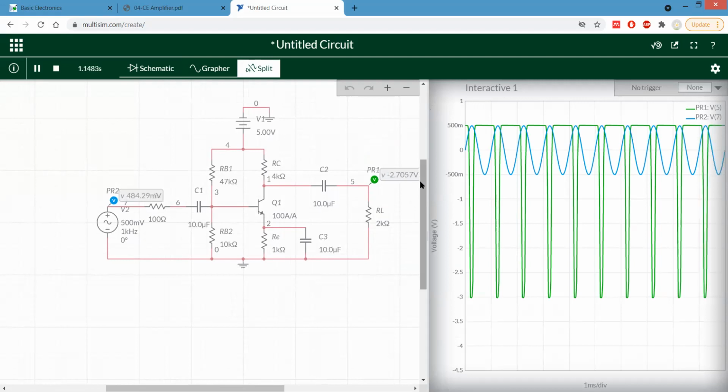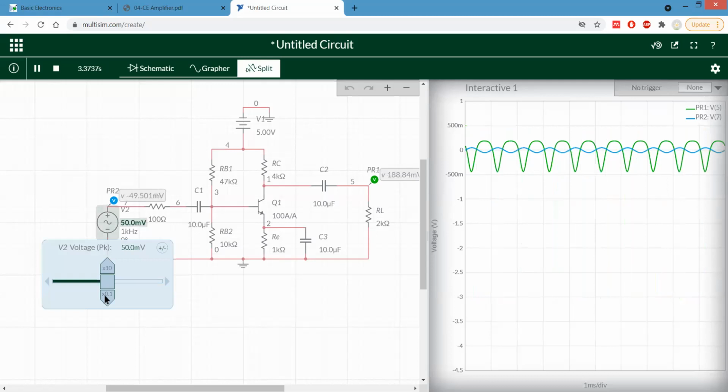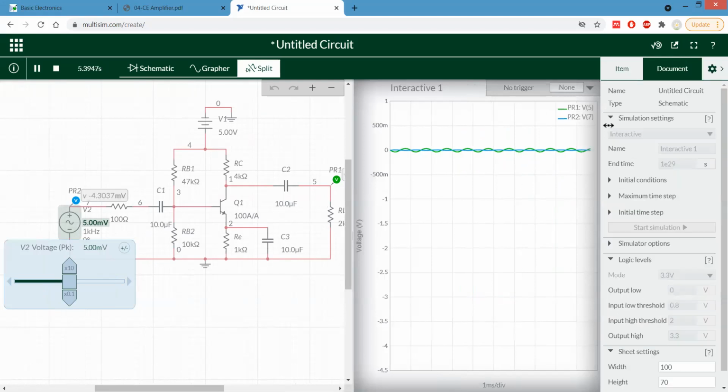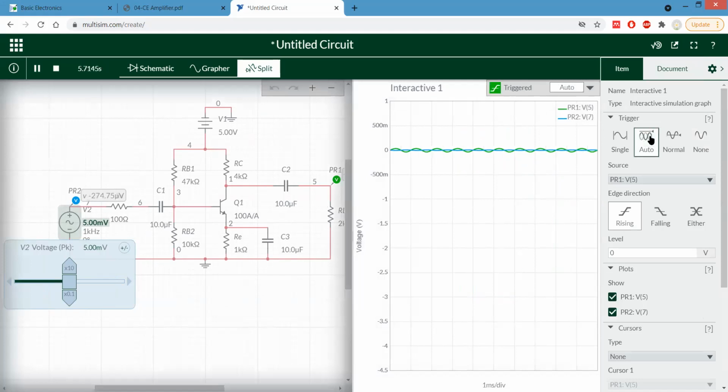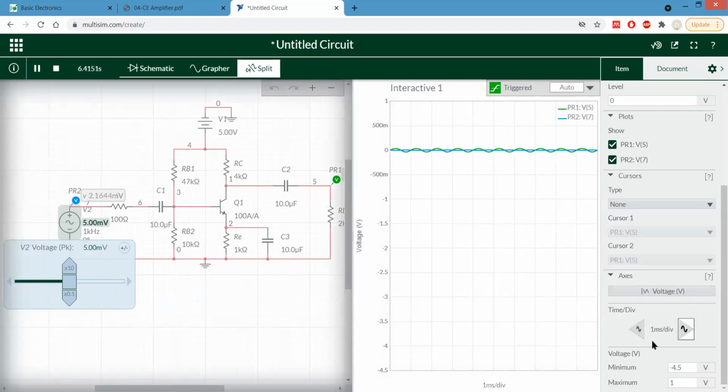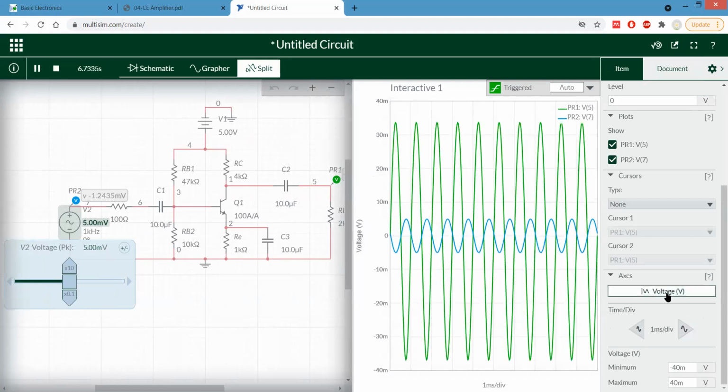Why are we having this clamped one? So it's 50 milliamps.